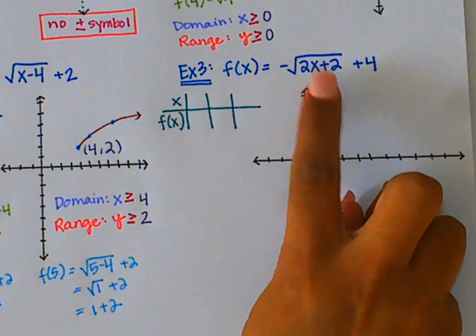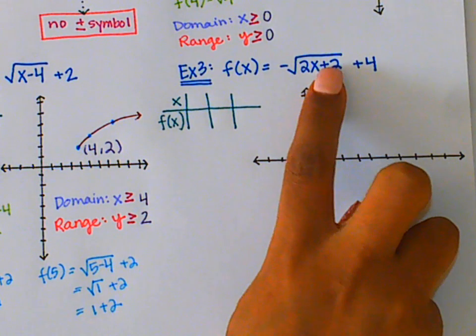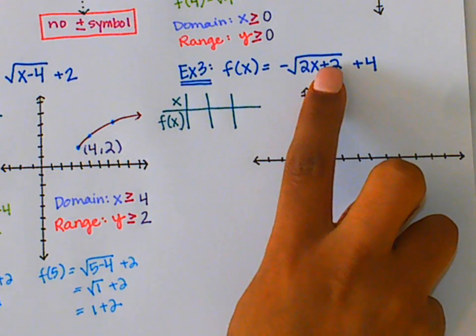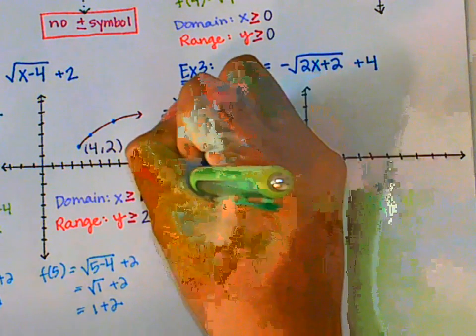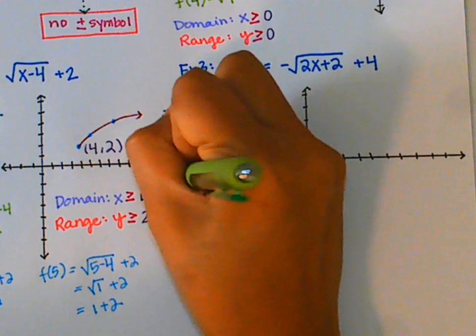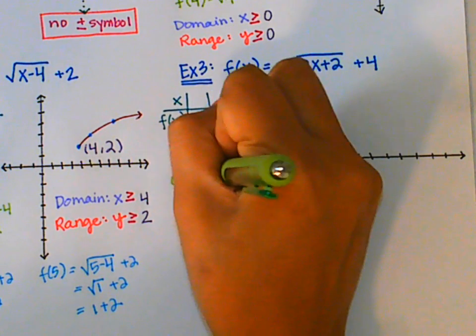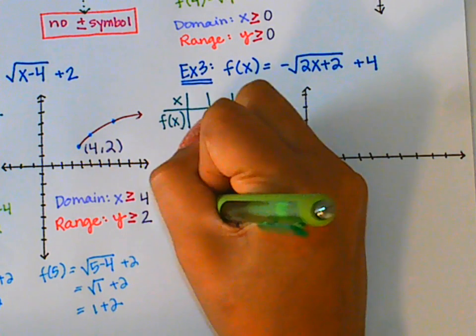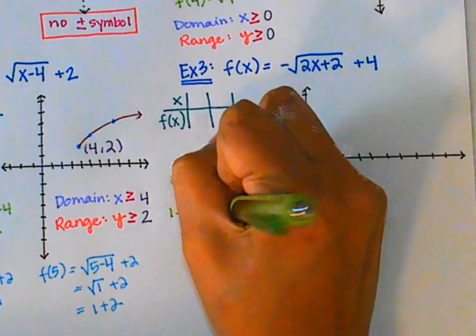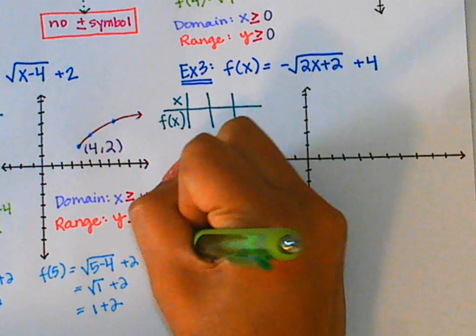So again, I want the inside of this to be a perfect square. So I am going to take that and make it equal to 0. Make it equal to 1. Make it equal to 4.